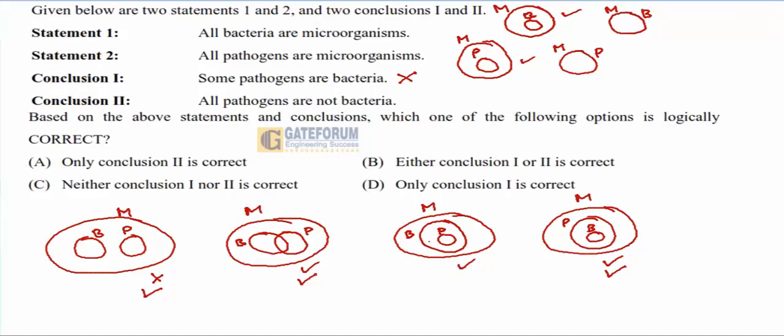But in this case, all pathogens are not bacteria is wrong because all pathogens are indeed bacteria. So one mistake, one wrong, one not satisfactory criteria, then the whole conclusion is wrong. So this is also wrong. So I will say that neither conclusion 1 nor conclusion 2 is correct. And hence I will take that. Let's go to the next.